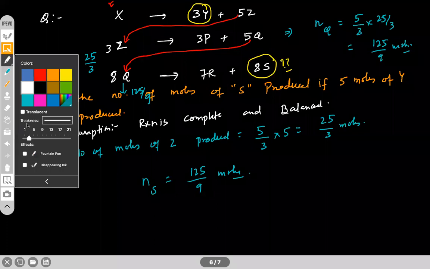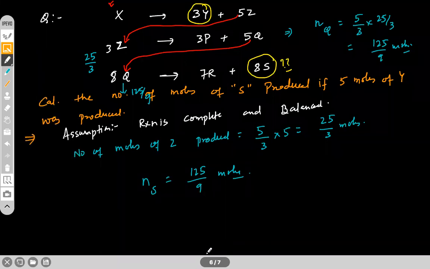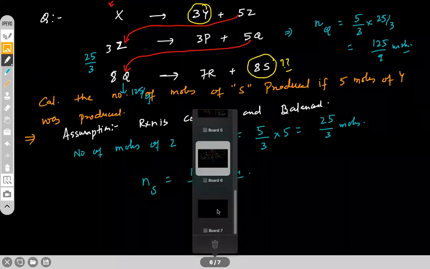Okay. Fine. The next concept we have to discuss here is the principle of atomic conservation.